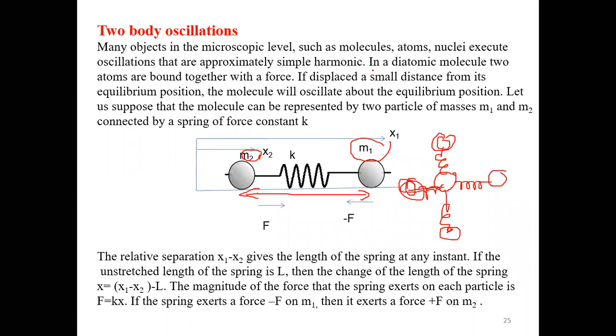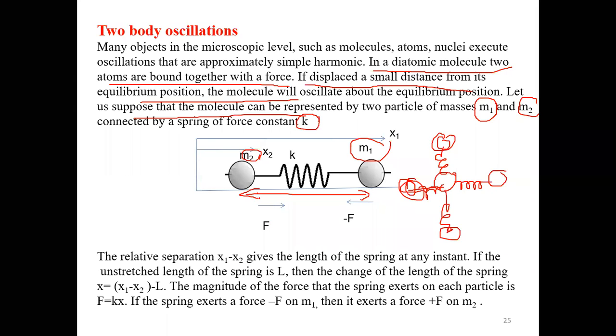Like in a diatomic molecule, two atoms are bound together with a force, which is called the binding bond between them. If displaced a small distance from its equilibrium position, the molecule will oscillate about the equilibrium position. Let us suppose that the molecule can be represented by, as I said, two particles of masses m1 and m2 connected by a spring of spring constant k.